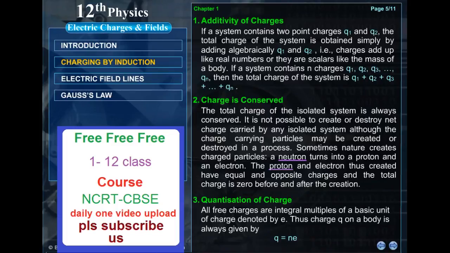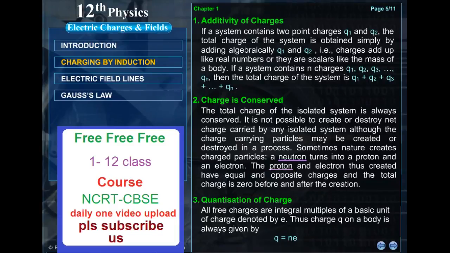If a system contains n charges, Q1, Q2, Q3, and so on till Qn, then the total charge of the system is Q1 + Q2 + Q3 + ... + Qn.